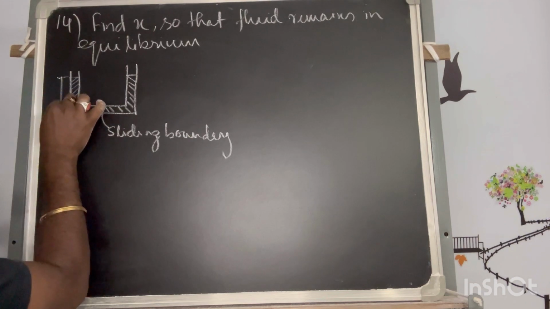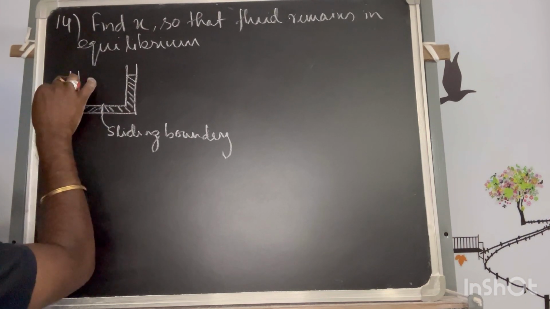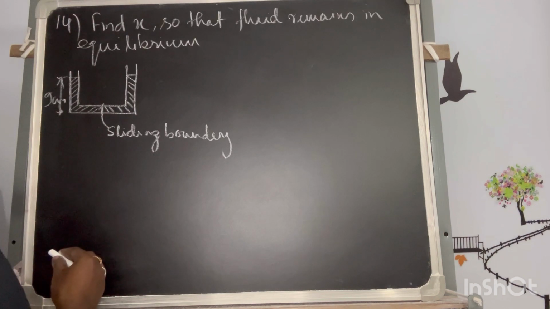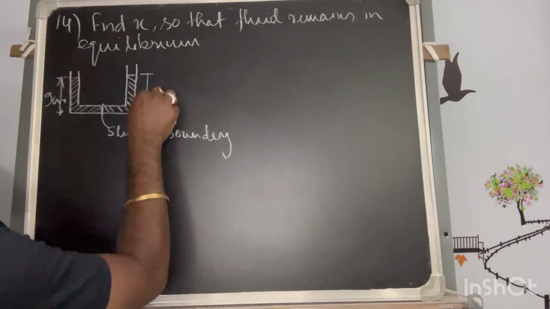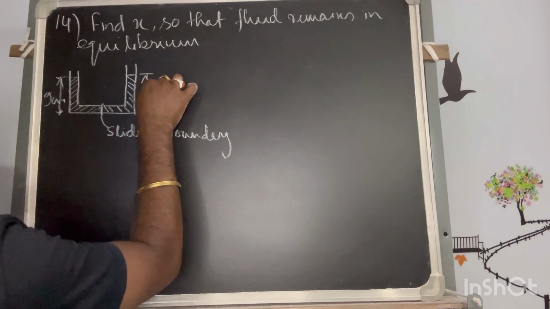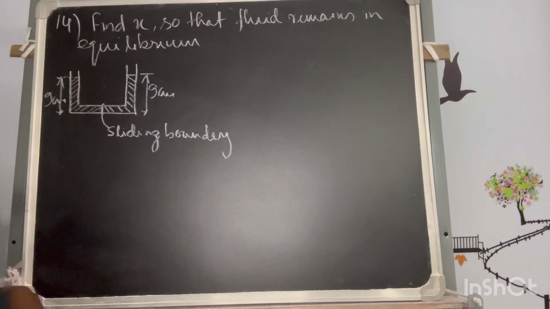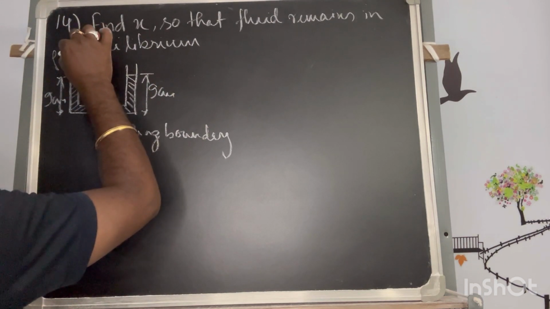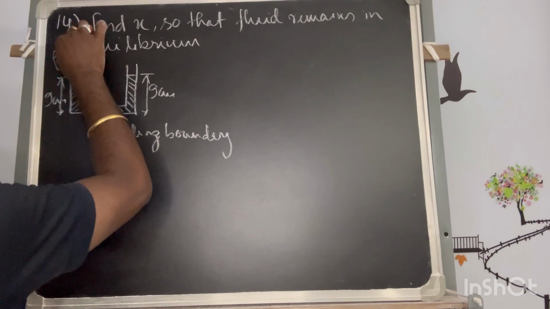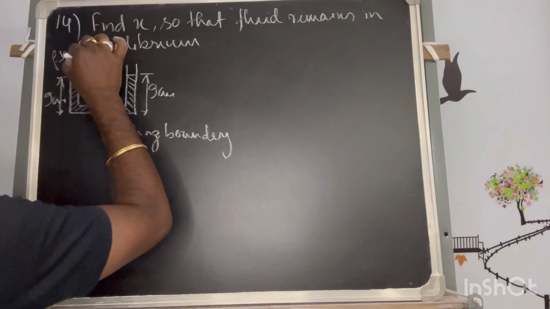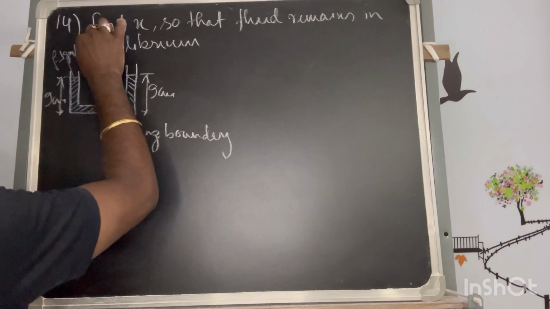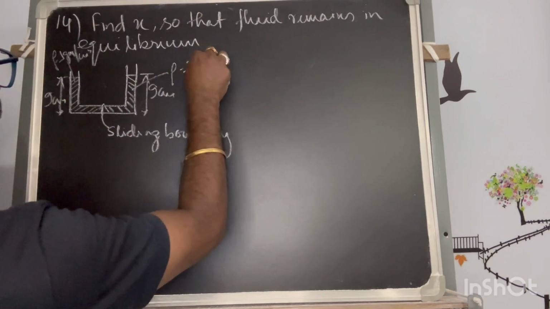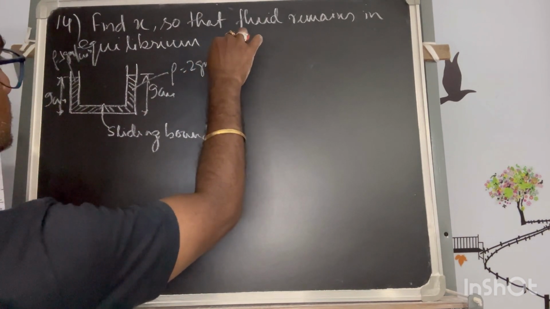The initial height is 9 centimeter on both arms. This also 9 centimeter. Okay. The density of this arm's liquid is 1 gram per centimeter cube, and in this one rho is 2 gram per centimeter cube.